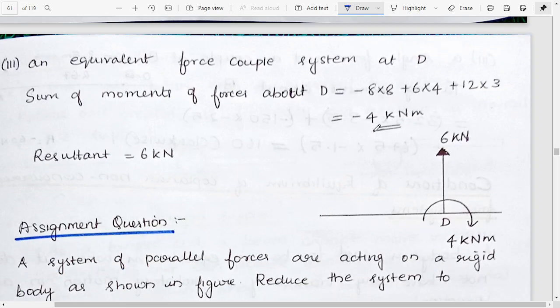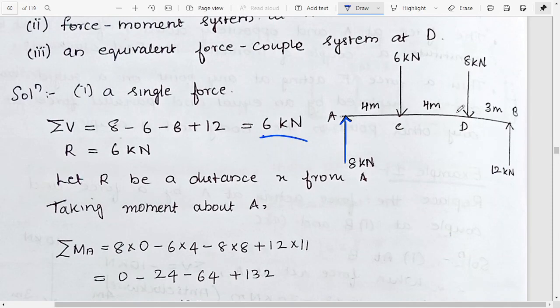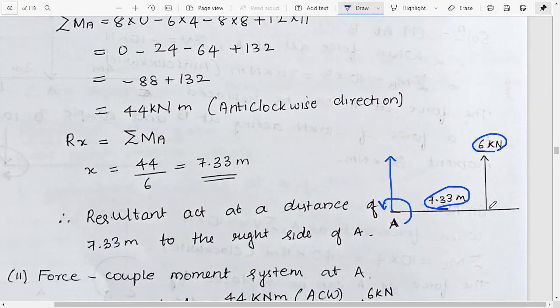An equivalent force couple system at D. Where is D? Okay, if it is at D, we know that this distance is 7.33, and this point will be D, because D is 8 meters from A. So to find that, if we are taking this force here, then we can just write 6 kilonewton.